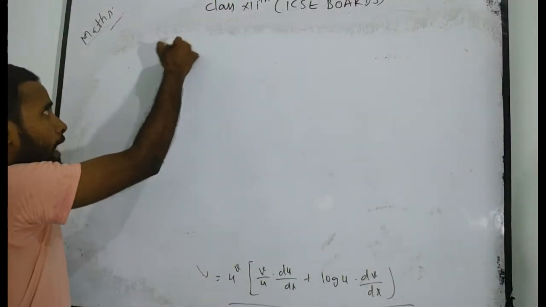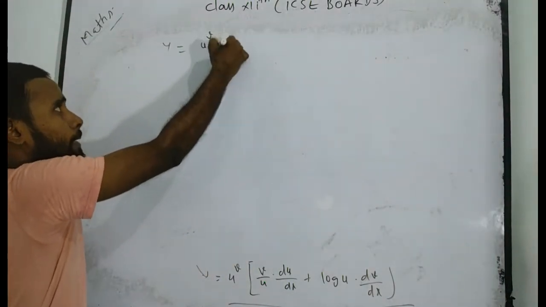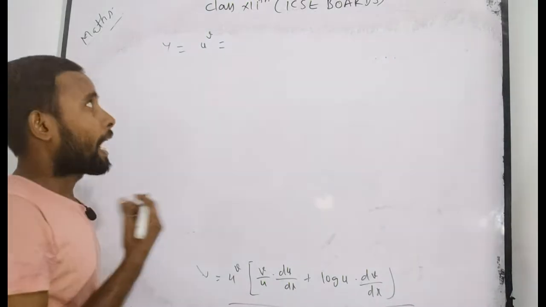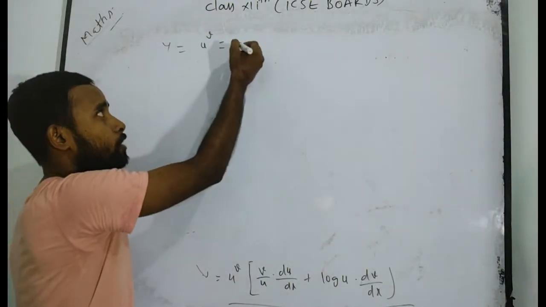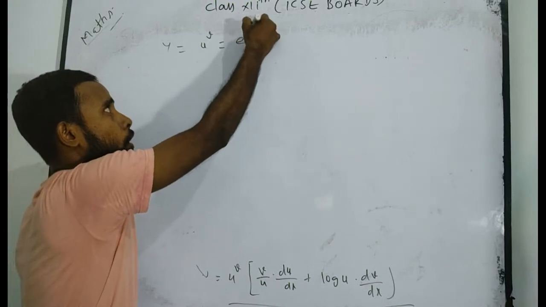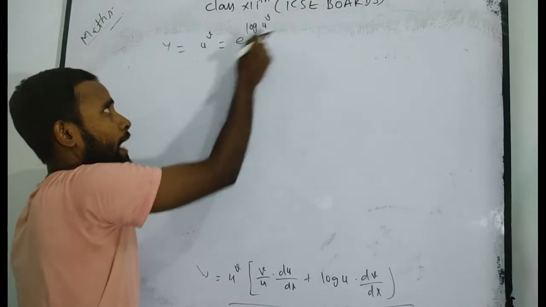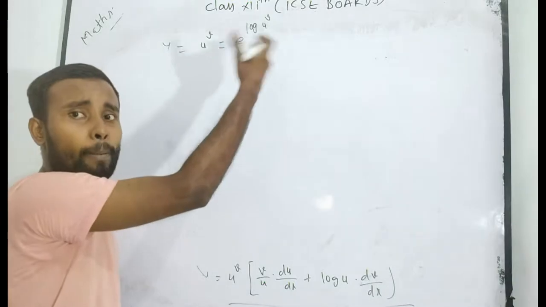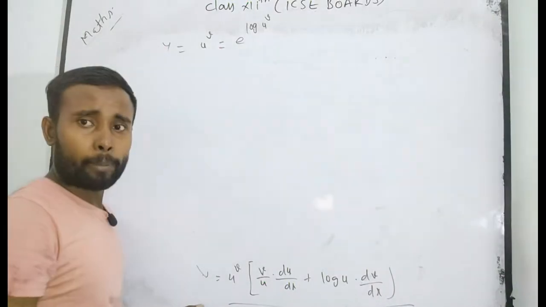As you know, y is equal to, given, u to the power v. I have already told you there is a property relevant to log, that will be e to the power log u to the power v. Can you write u to the power v equal to e to the power log u to the power v? How?